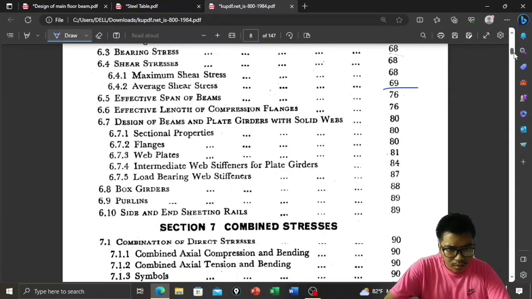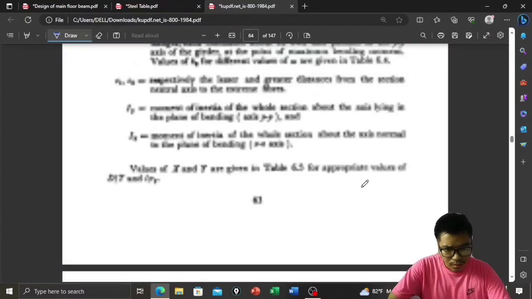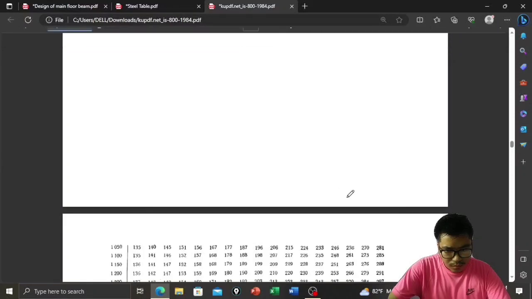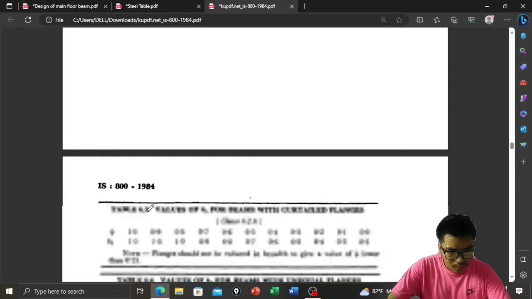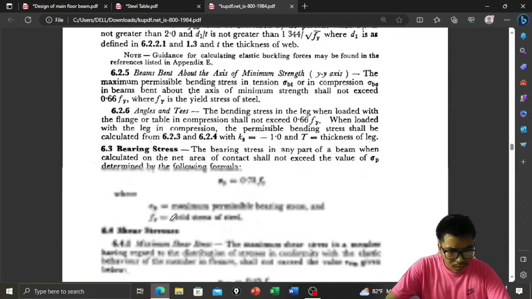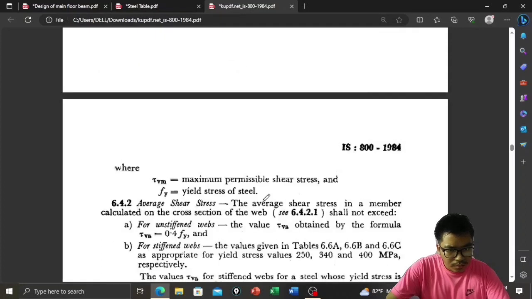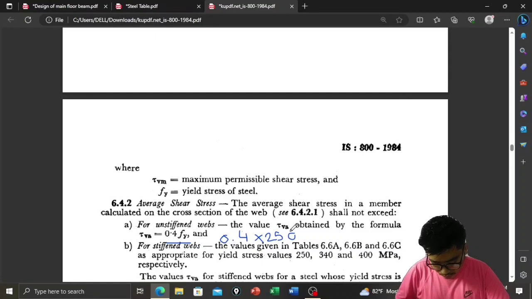Maximum is 0.45 Fy, but average is 0.4 Fy. 0.4 into Fy, it is 250, so 0.4 into 250 is 100.